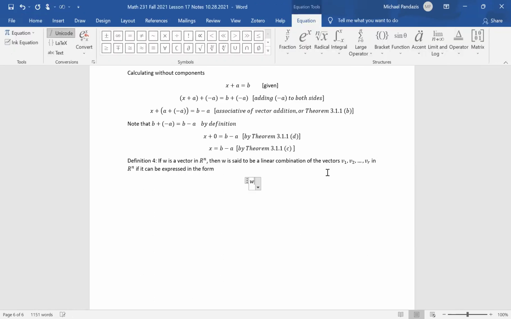So what you want to do is say this vector W is a linear combination of the vectors v1 to vr.